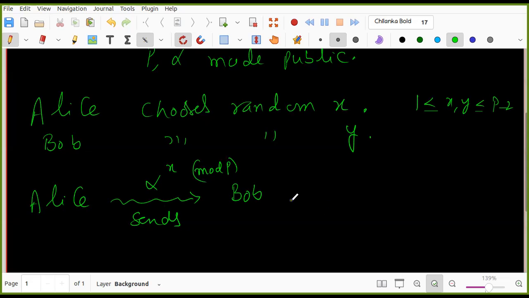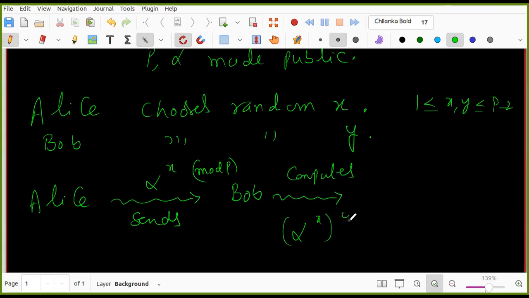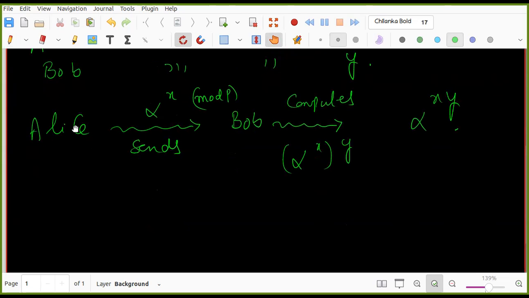Now what will Bob do? He computes alpha power x power y, because Bob knows y. Now Bob sends alpha power y mod p to Alice.